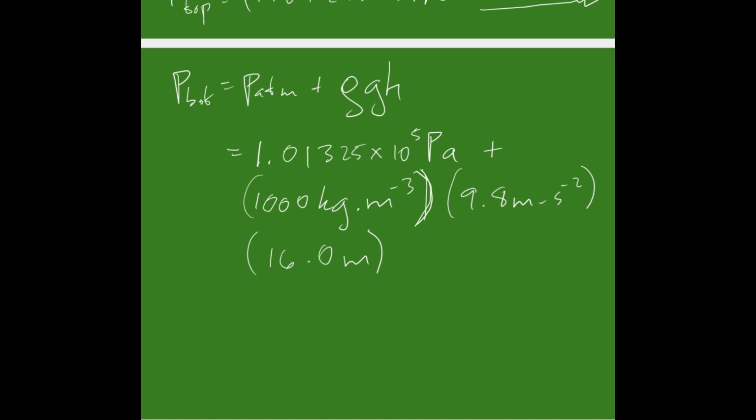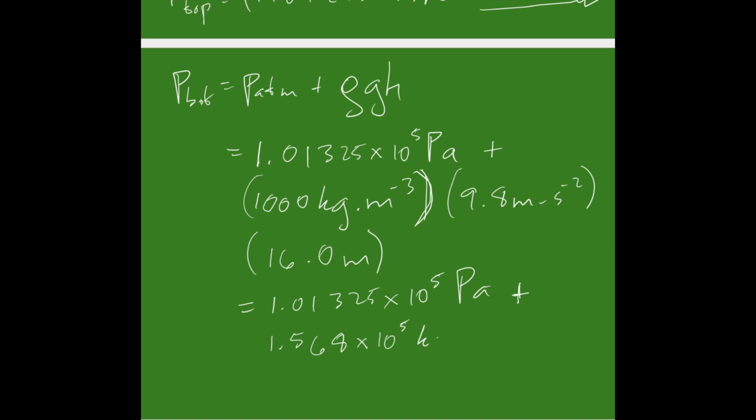So we need to make sure the units are correct, yeah? So we've got 1.01325 times 10 to the power 5 pascals plus 1.568 times 10 to the power 5. But we need to make sure that it's pascals, so let's do the units as is.